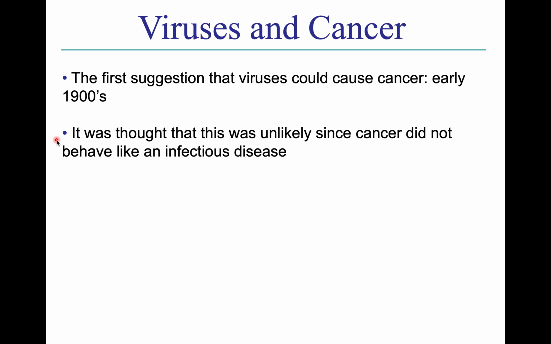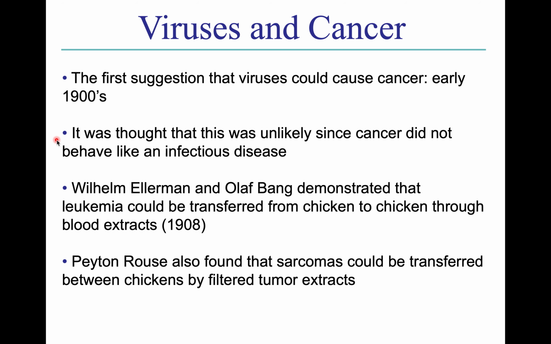It's not like you come into contact with somebody with cancer and then, a week later, oh no, I caught the cancer, right? It didn't work that way. But there was some experimental evidence with animals, initially primarily with chickens for whatever reason, showing that some cancers could be transferred animal to animal.